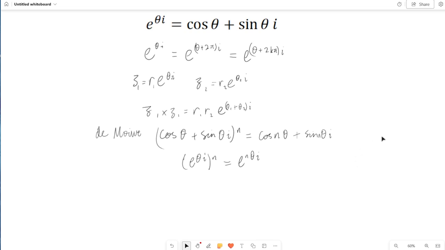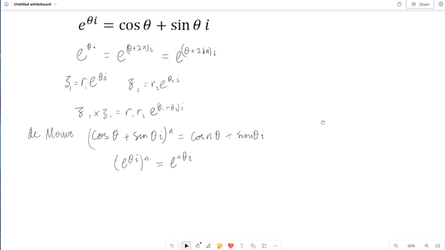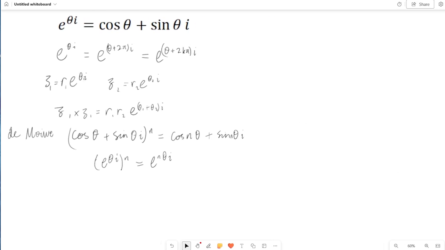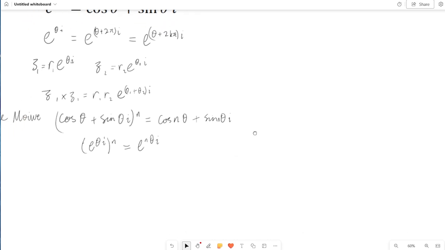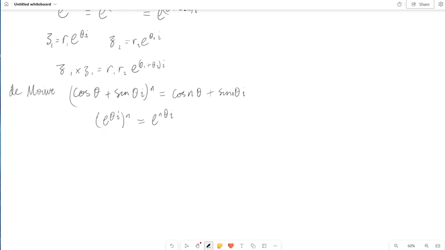The next part worth mentioning is the conjugates of complex numbers. If we have a complex number z equals r times e to the power of theta i, we can plot it on the complex plane, because the vertical axis is imaginary.